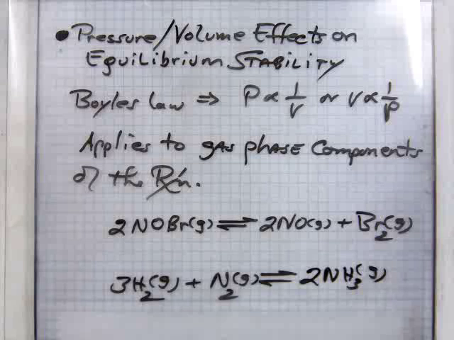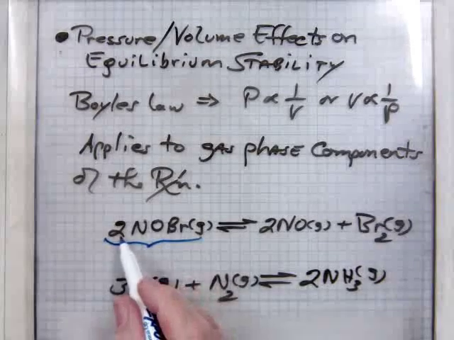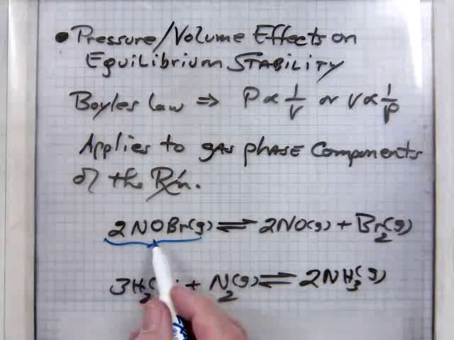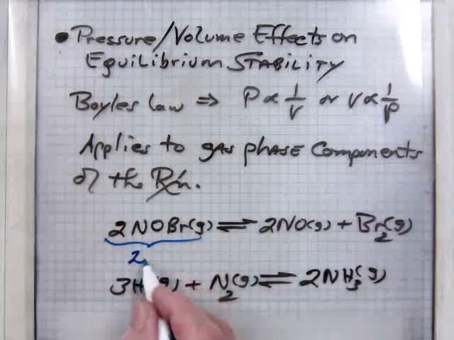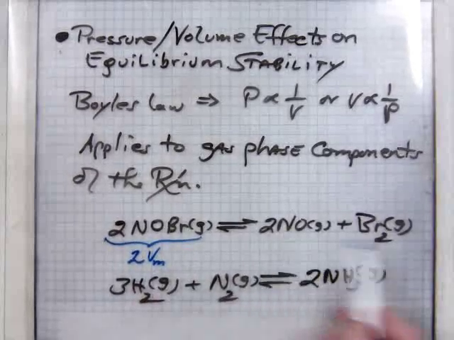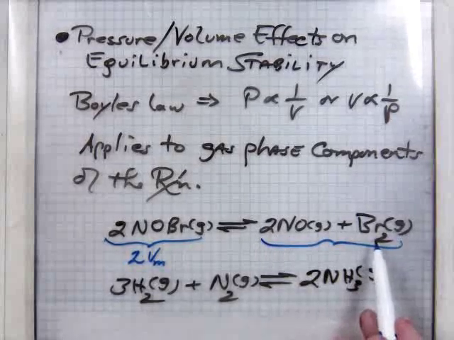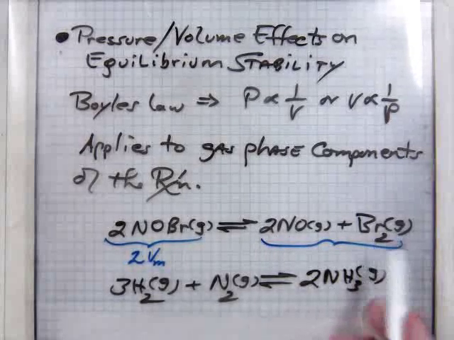In the first reaction here, the number of molar volumes, we're talking about 2 moles of nitrosyl bromide. Well, that's 2 molar volumes here. On the product side, we have 2 moles of nitrogen oxide and 1 mole of molecular bromine.